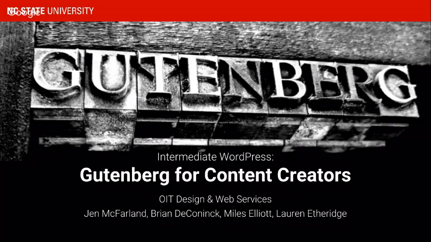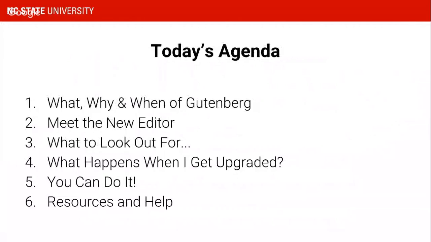We're going to talk all about Gutenberg and some of the changes that are coming up in WordPress version 5.0. So today's agenda, we're going to start out with the what, why, and when of Gutenberg, basically just sort of center ourselves, what is even happening. We're going to meet the new editor, take a look at it.